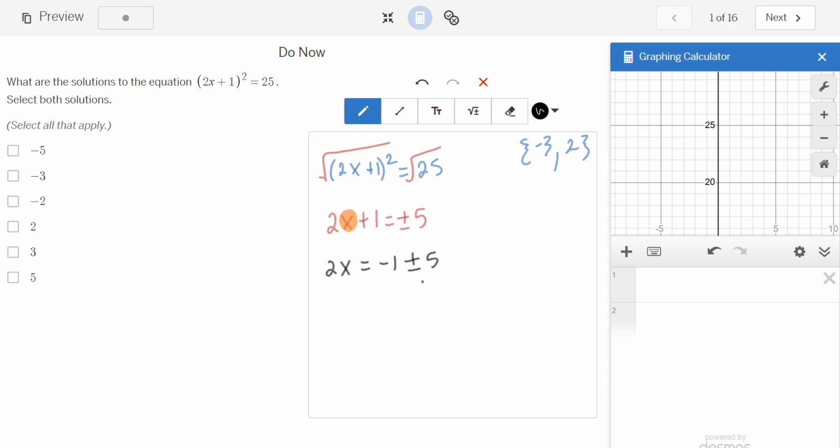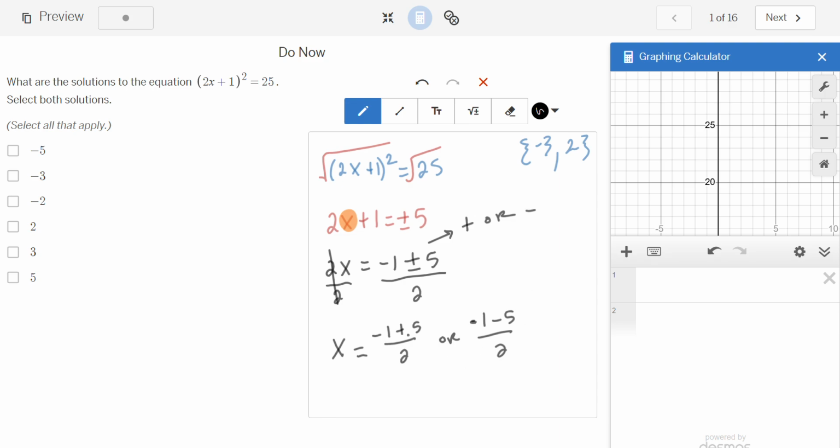We could look at the two solutions that this could be, or ideally, we can go ahead and divide both sides by our coefficient. Now, remember, you're dividing the whole thing by that coefficient. So this becomes x is equal to -1 plus 5 divided by 2, or -1 minus 5 divided by 2. Because you have that plus or minus.